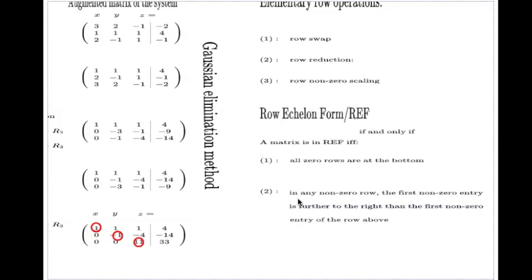Now, if you look at this criterion, you can see that this requirement is satisfied here very well, because the first non-zero element of the second row is further to the right than the first non-zero element of the first row. And the first non-zero element of row number 3 is further to the right than the non-zero element of the row above it.